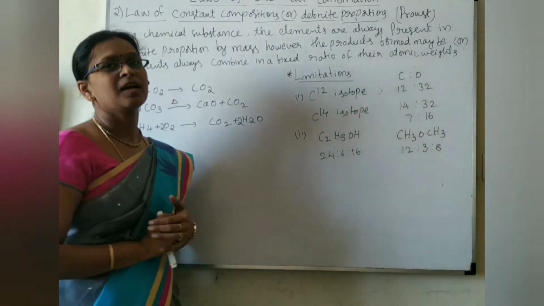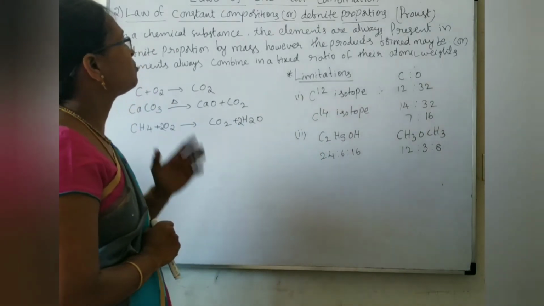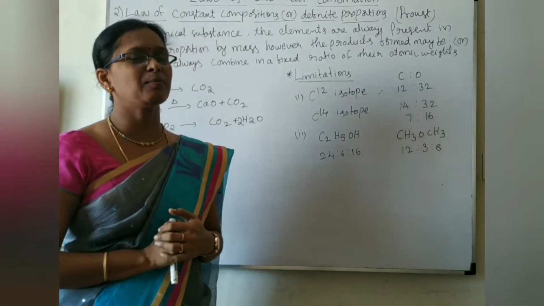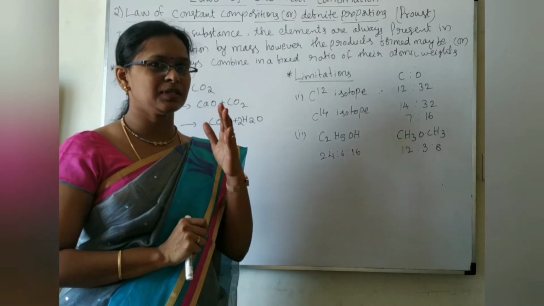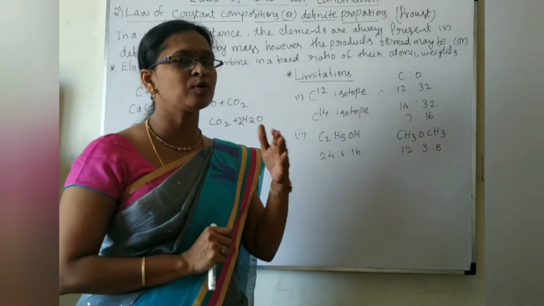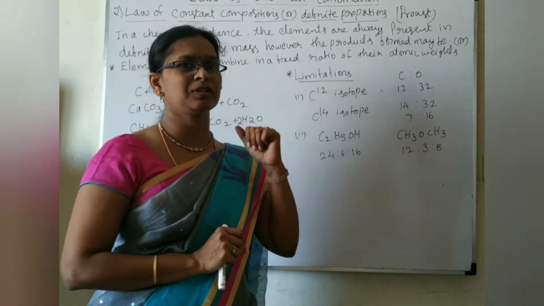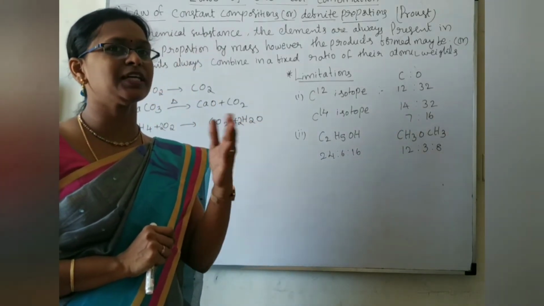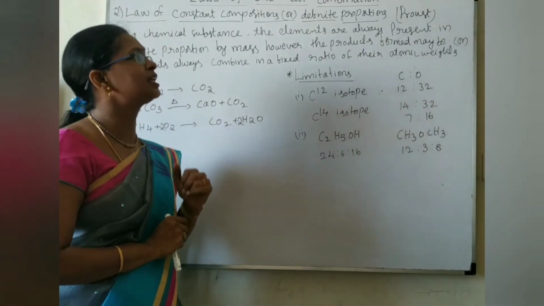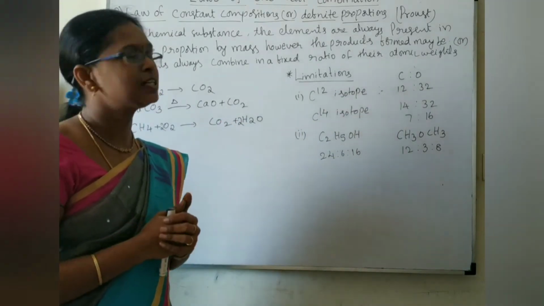The second one: law of constant composition, or definite proportions. Any compound you are taking, the presence of the elements should follow a fixed proportion. Wherever you are taking hydrogen, carbon, oxygen, any element, that should follow the definite composition.